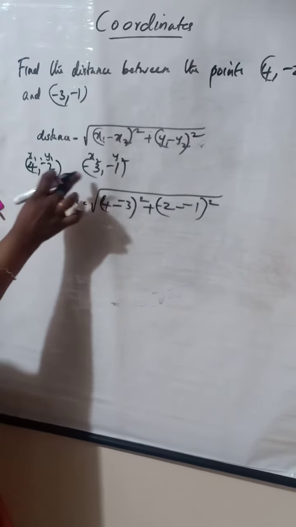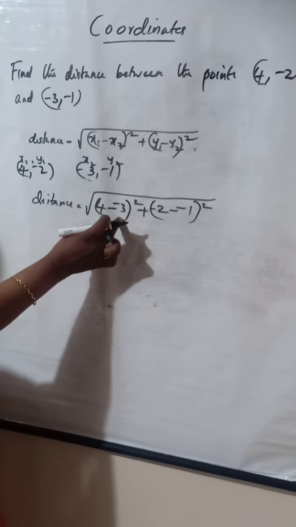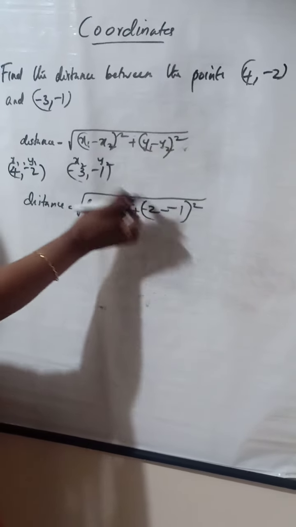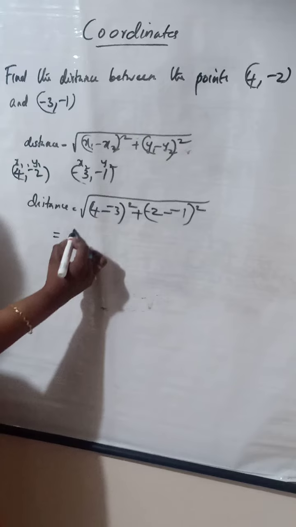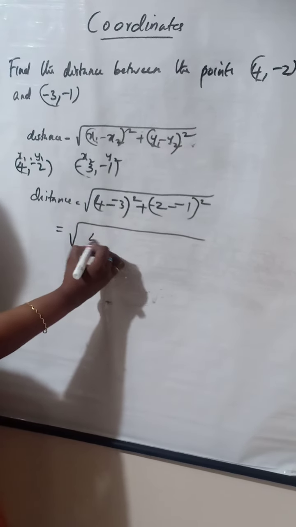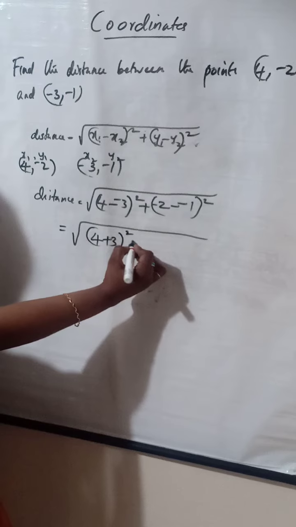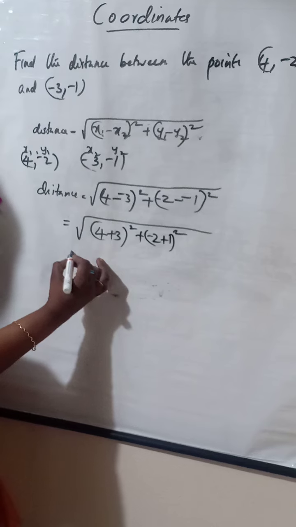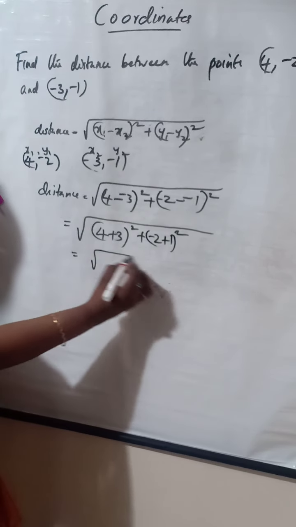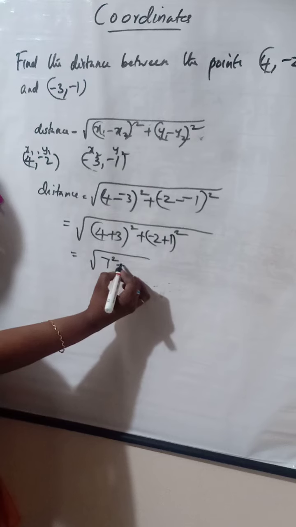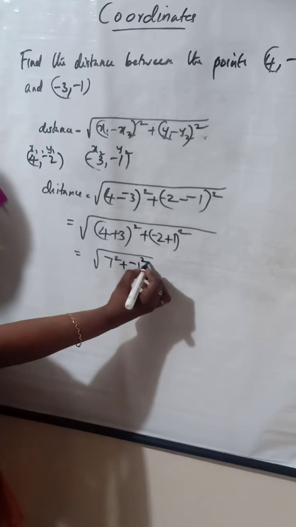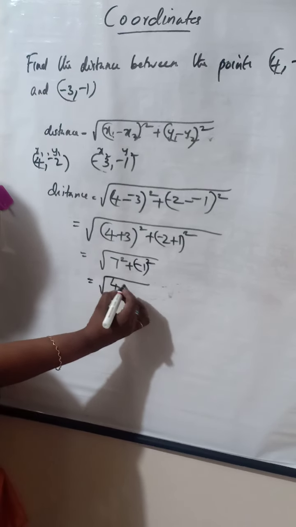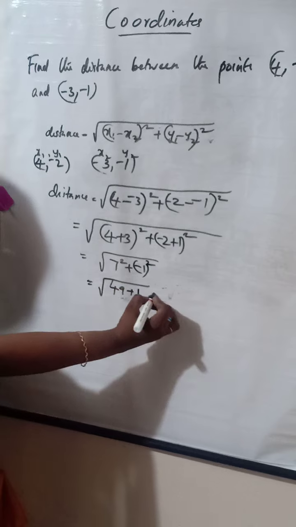So root of 4 minus minus 3 becomes 4 plus 3 whole square, plus 2 minus minus 1 becomes 2 plus 1 whole square. Root of 7 square plus 3 square, that is root of 49 plus 9, so root 58.